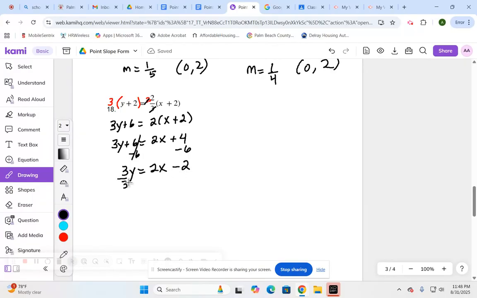Divide through by 3. So then y equals 2/3 x minus 2/3. So then our slope is 2/3 and our y-intercept is 0, negative 2/3. And this concludes this practice.